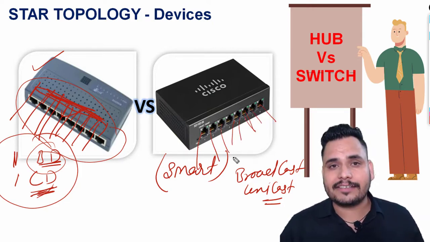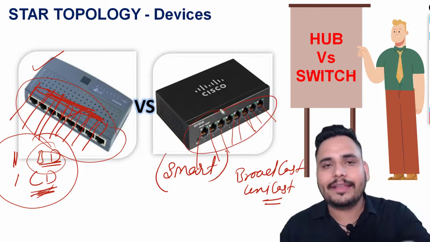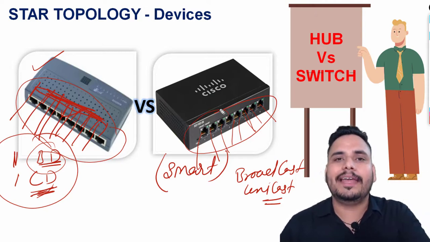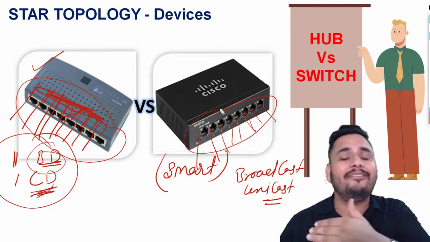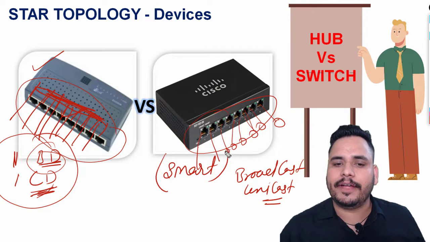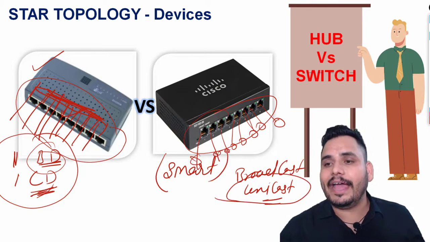Because the first time it broadcasts to learn the MAC table. In the MAC table there are MAC addresses associated with every device. So when it learns the MAC address of every device, it starts unicasting. So it is better than a hub.